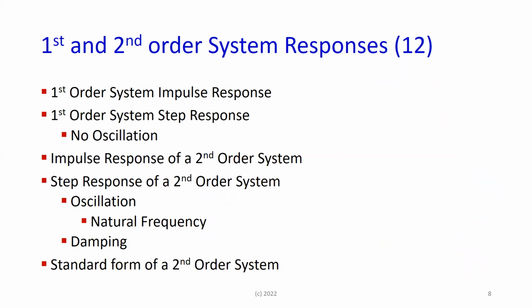Then we spent a lecture looking at first and second order system responses, which are very different. The first order impulse and the first order step response. A first order system does not have any type of oscillation in it. When you put in the impulse, for instance, on a simple RC circuit, the capacitor charges up to some value and then discharges.